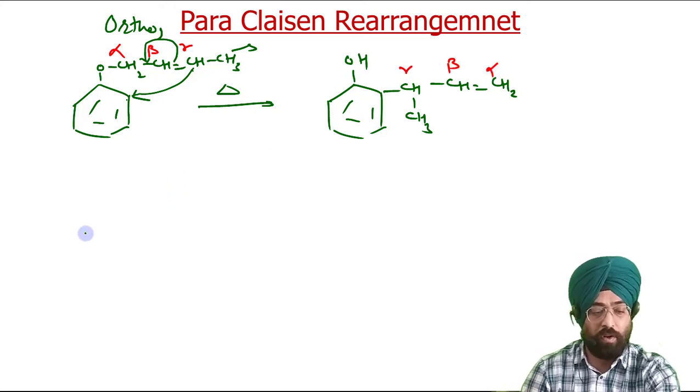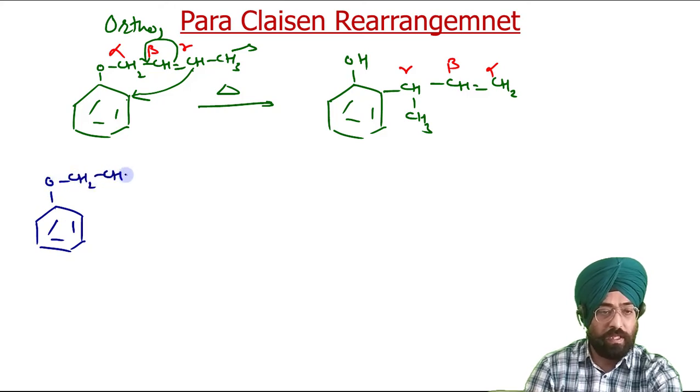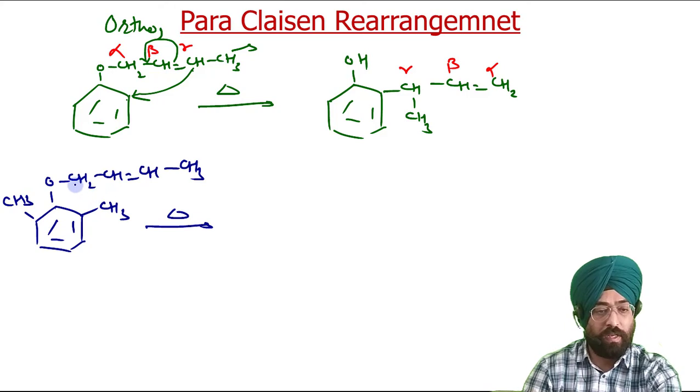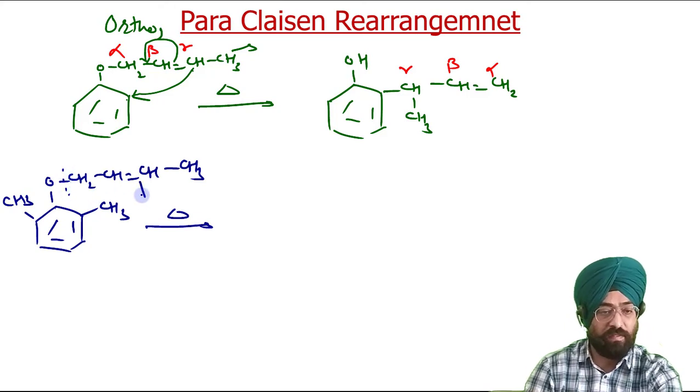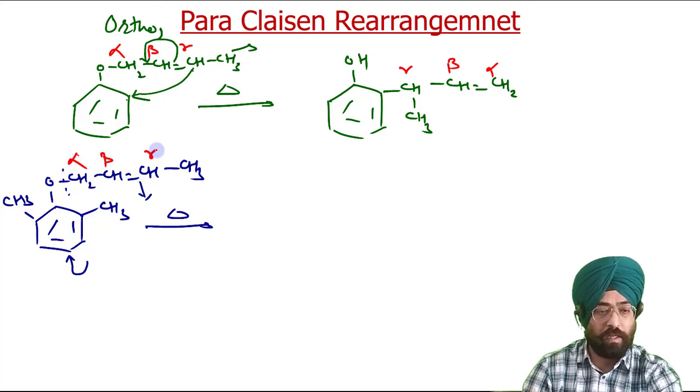Whereas in case of your para rearrangement products, as there are two inversions, there is no net inversion. CH2, CH double bond CH, CH3. Suppose it is substituted with some substituents. Now here you have to break from here and shift this group directly to here without any rearrangement. So this is your alpha, beta, gamma.